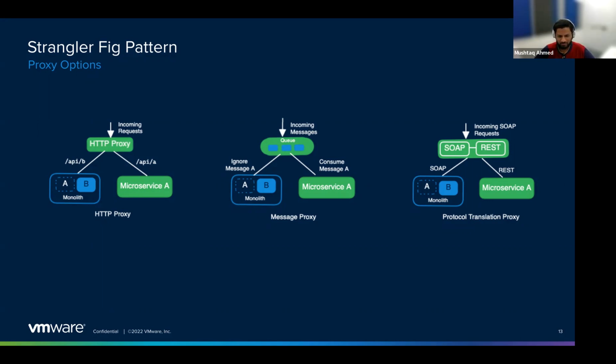There are many ways we can implement the proxy to intercept the calls to the existing monolith and redirect to the new service. For example, you might have a monolith which consumes a file using an FTP-based interface, or can receive a bulk file upload through an HTTP-based interface. You could handle all of this in a proxy-based interception, thus allowing the new microservice to handle those requests.